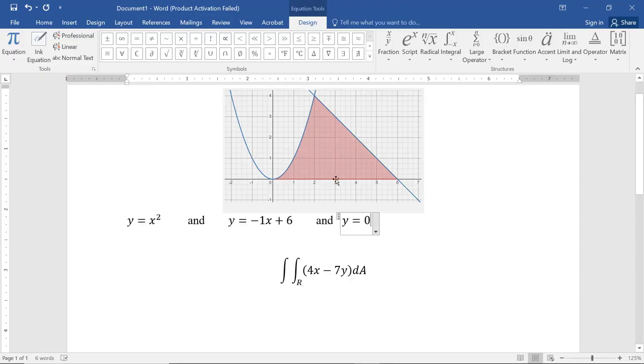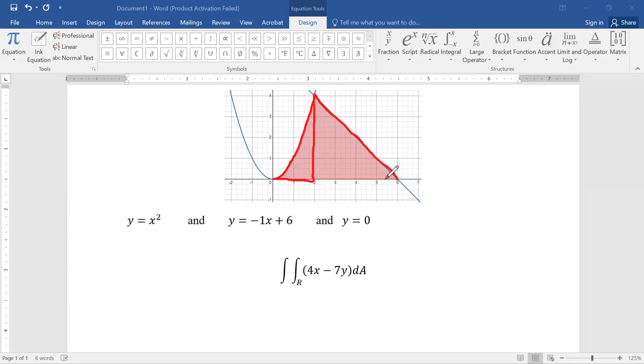And then I can go from y equals 0 to y equals negative 1x plus 6 in the second part. In other words, I'm breaking up my region into two component parts, one here and one here.